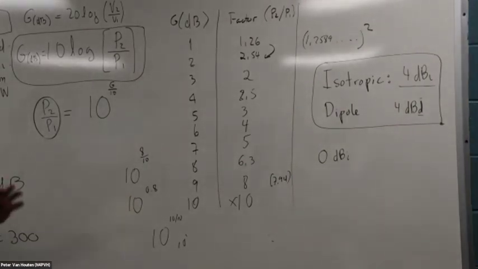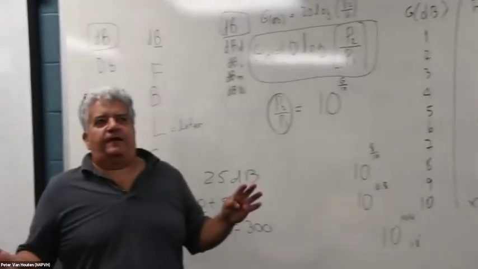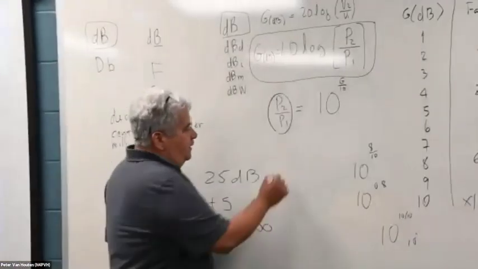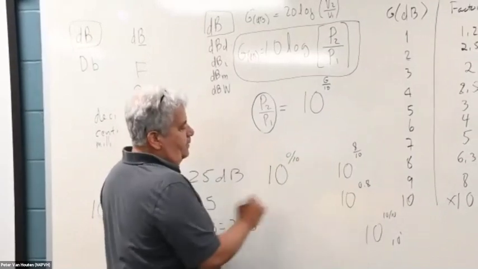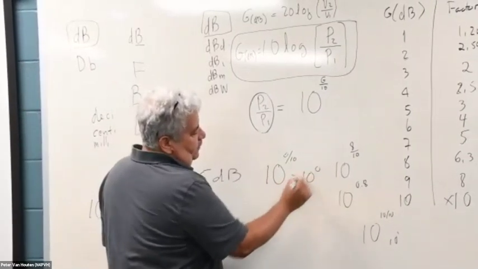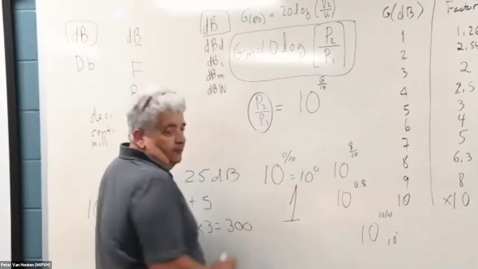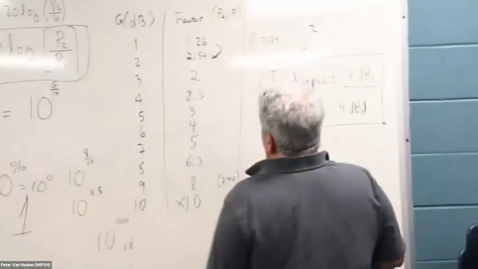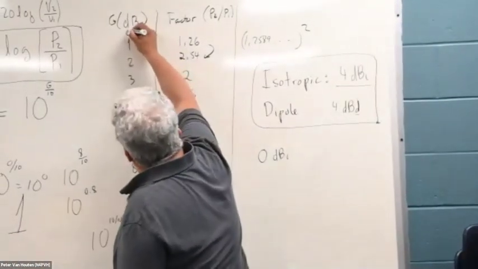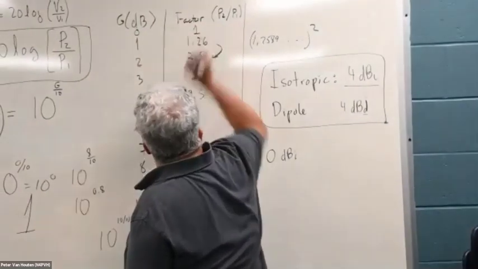Remember, 10 to the 0 divided by 10 is 10 to the 0, which is 1. So the factor is 1. I forgot here: 0 dB, factor is 1.